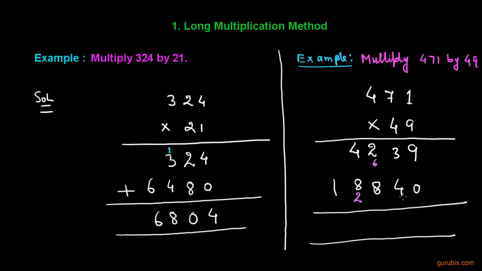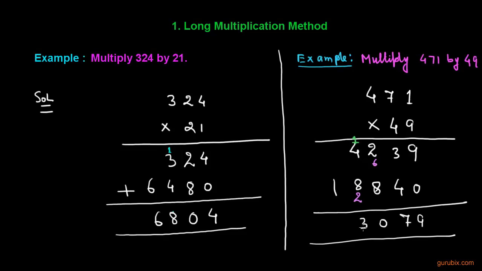And now we shall add these numbers. 9 plus 0 is 9. 3 plus 4 is 7. 2 plus 8 is 10. We shall write 0 here and carry 1 over here. 1 plus 4 is 5. 5 plus 8 is 13.